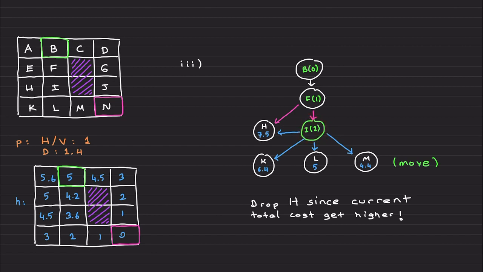It cost us 1 and 2 to come to node I. I am calculating all these numbers, right? And as you see, let's calculate L and M. From here to L, moving to L, the heuristic cost is 2, and it will be a move like this, 1, since I am going down, not diagonal.